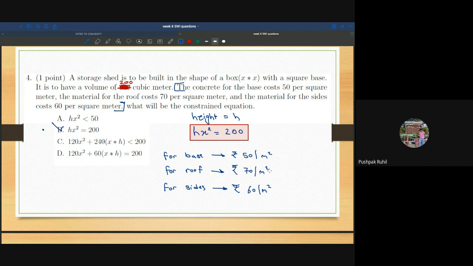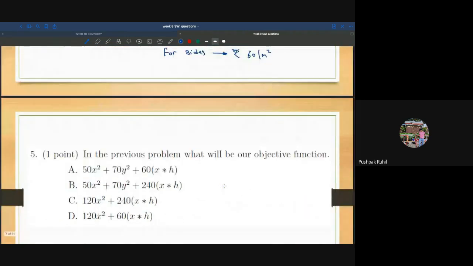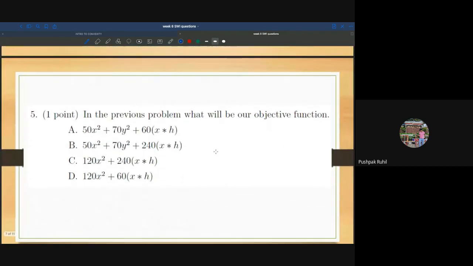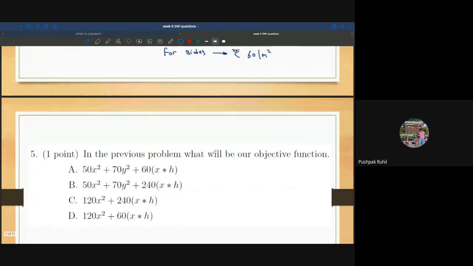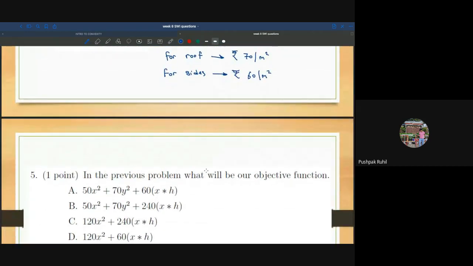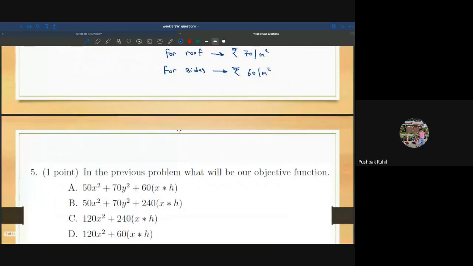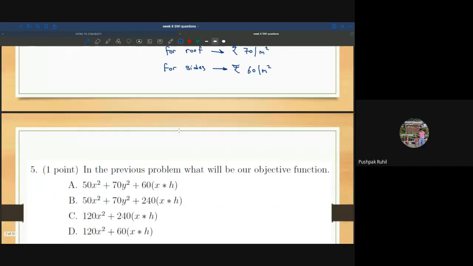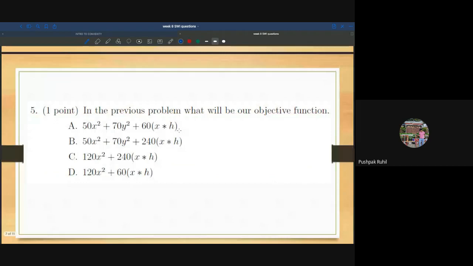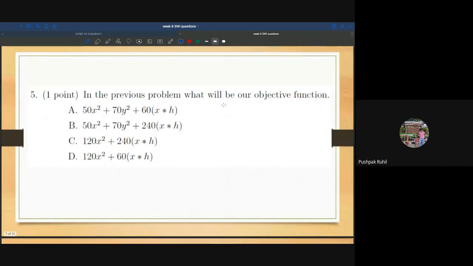So this is what they have given. Now the next question is, in the previous problem, what will be the objective function? I'll write it over here again.